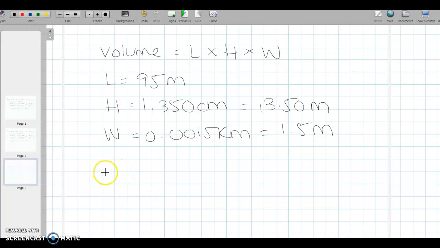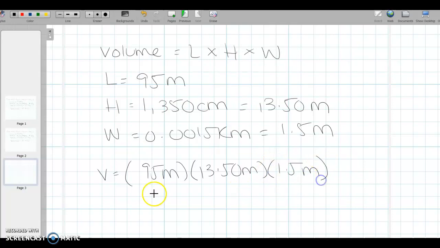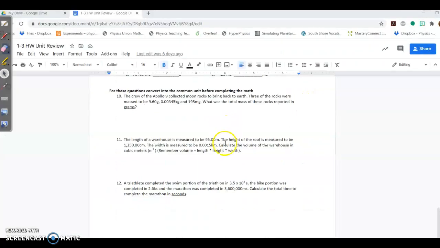So the volume of this entire warehouse equals 95 meters times 13.50 meters times 1.5 meters. You do all that math out and you get 1,923.75 meters cubed.